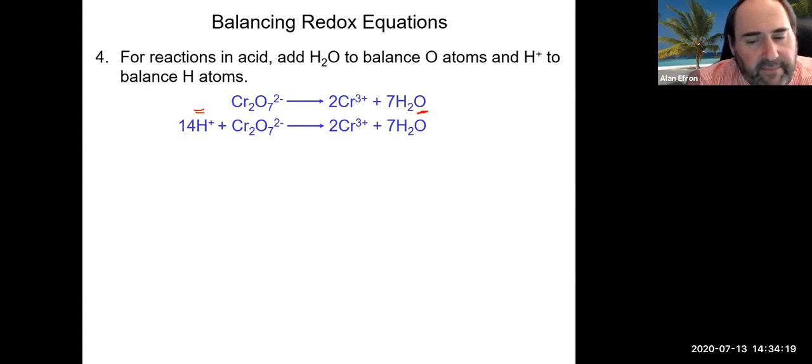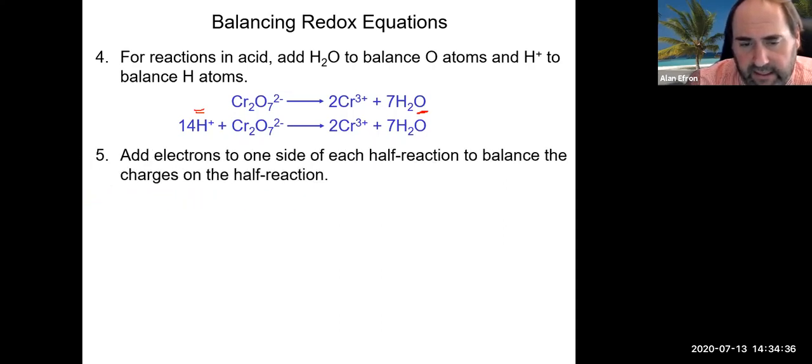We're going to do that by adding electrons, which means you need to add electrons to whichever side needs the negative charge to get us down to the same charge on each side. Really the easiest way is to just take the overall charge. I'll write the other half reaction there. I believe we had iron going to iron 3.